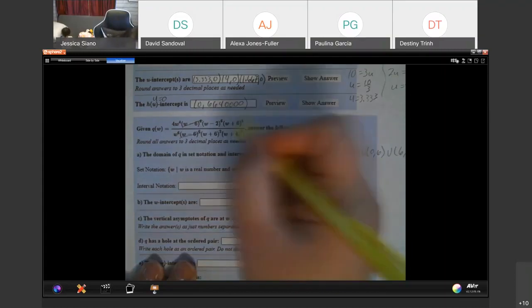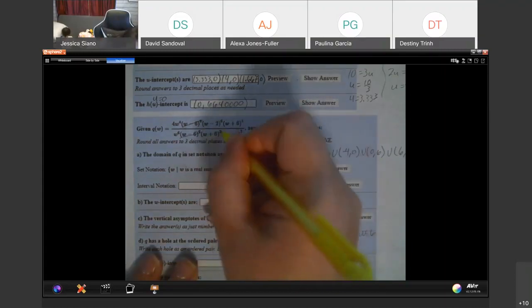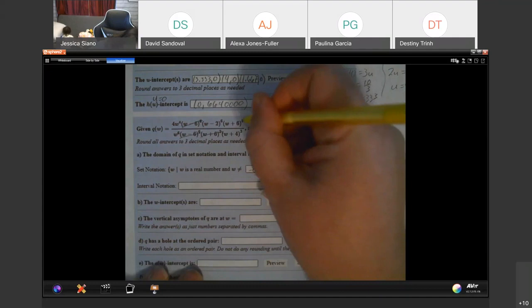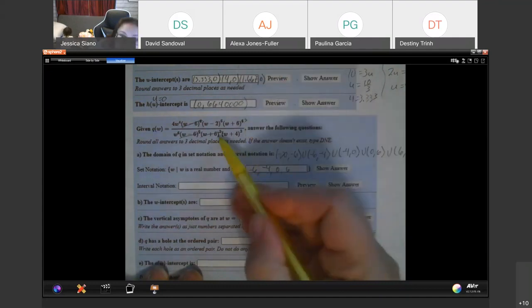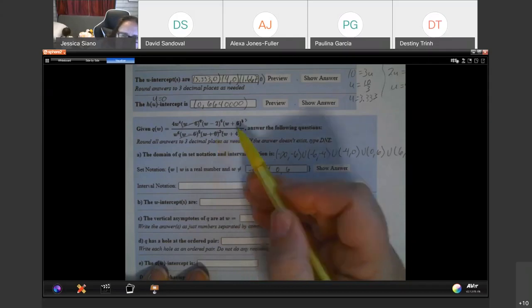My w plus 6's will cancel, except that this 5 is going to become a 3, because if there were 2 down here and 5 up here, 2 of them will cancel. When you have more left over on the top, then that's a hole.